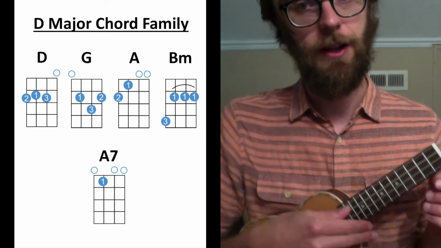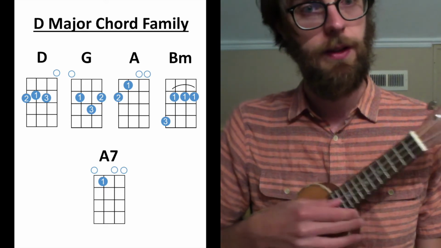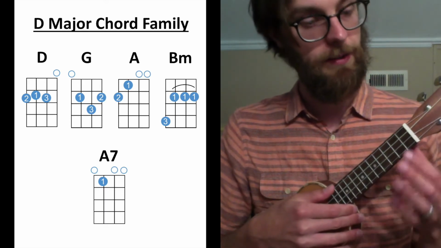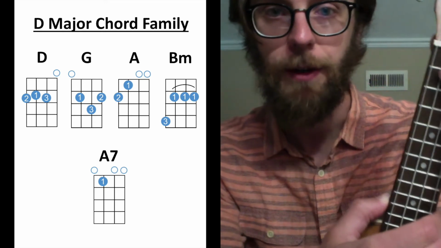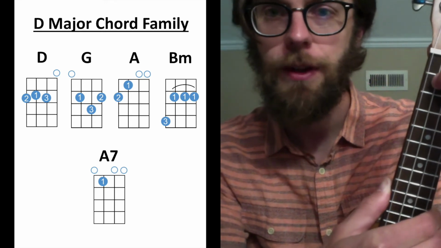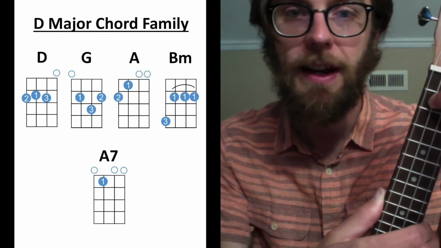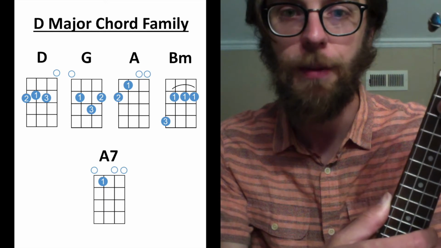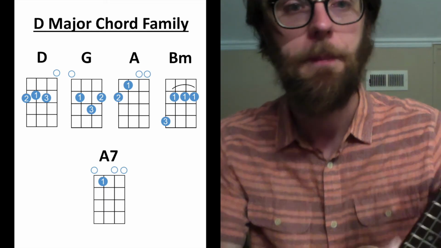We're on the C string. Good children. C string, second fret, first finger, very tip of your finger. Now usually when you press down, you're going to go closer to the frets. For this chord, you might have to go backwards a little bit because you're going to get your other two fingers in on the same fret.